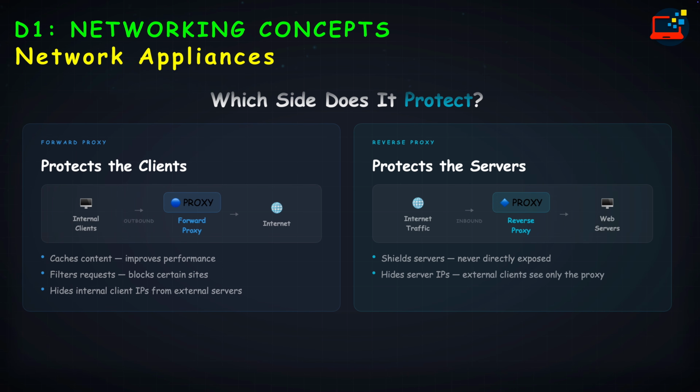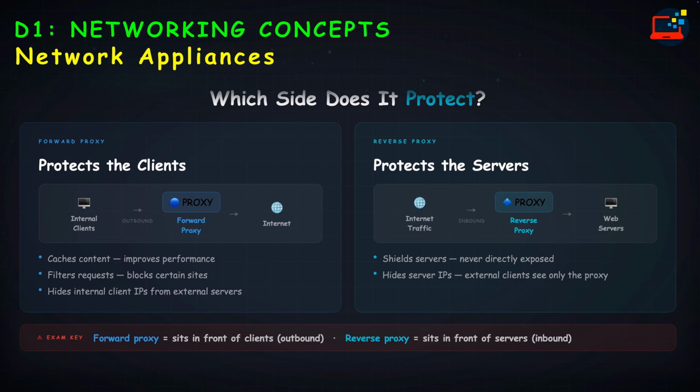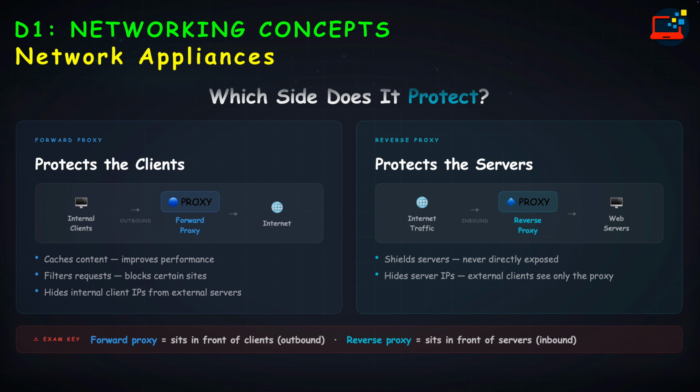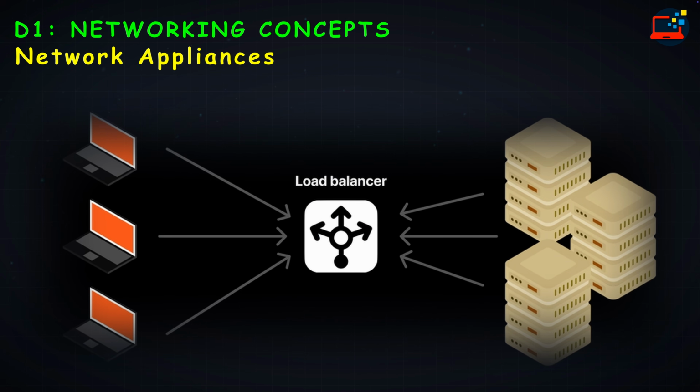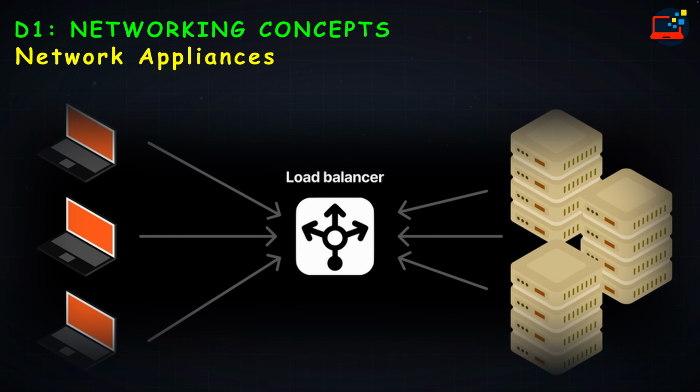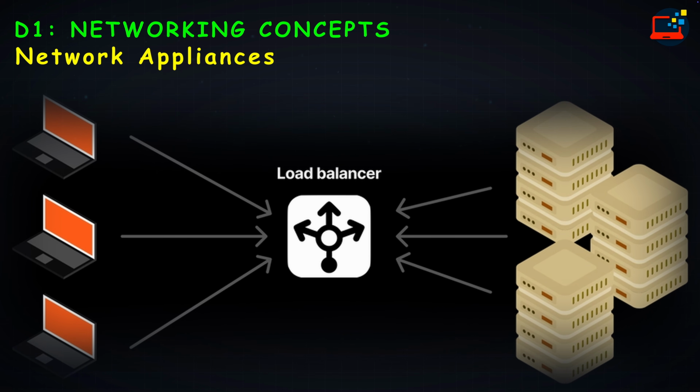A proxy server sits between internal clients and the internet. It can cache content to improve performance, filter requests to block certain sites, and hide internal IP addresses from external servers. A reverse proxy sits in front of your servers and protects them from being directly exposed to the internet. A load balancer distributes incoming traffic across multiple servers to prevent any one server from being overwhelmed.